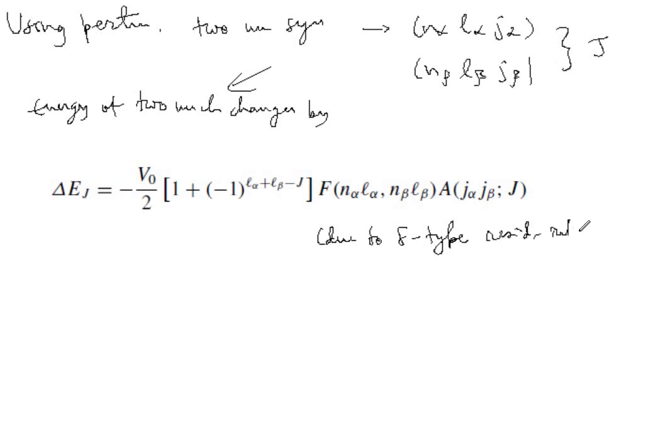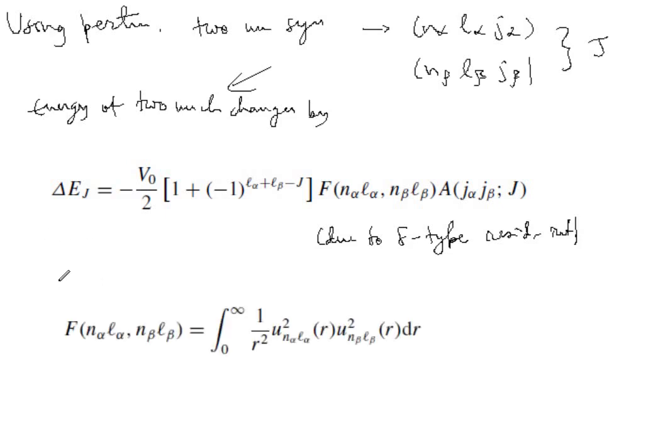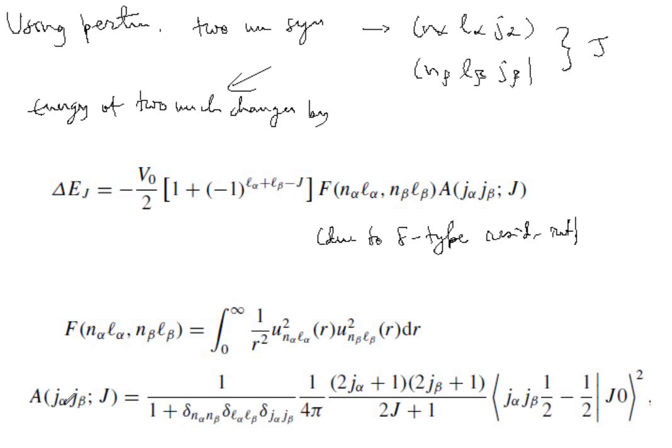Residual interaction. But this is not all. The other details, what is F and all that, let me write it down. So here F is this, and this A is also a very big number, this A. Again, you don't have to write this, I will tell you.